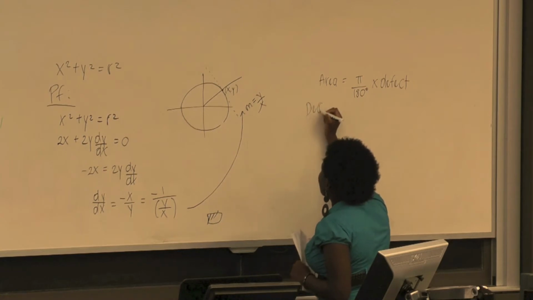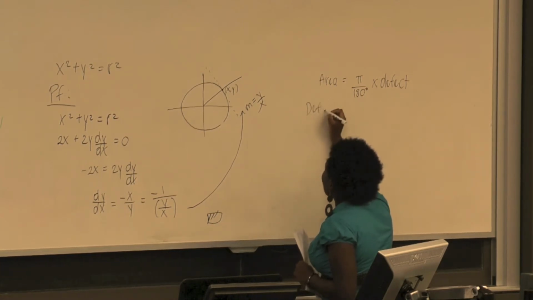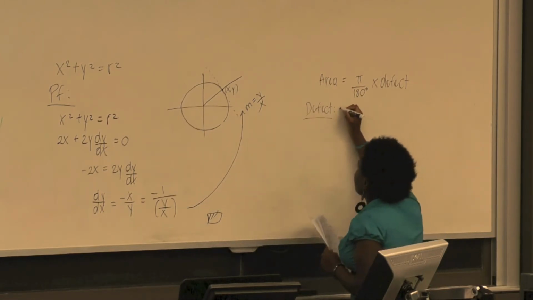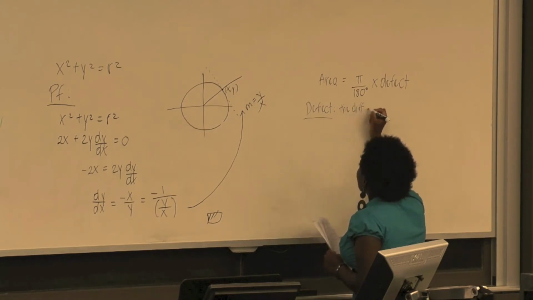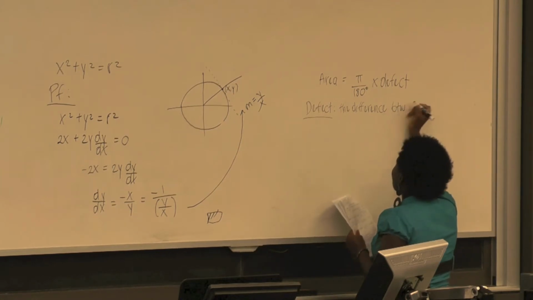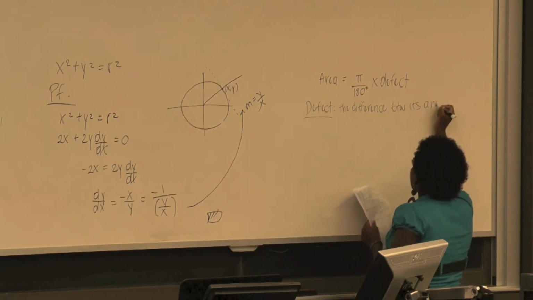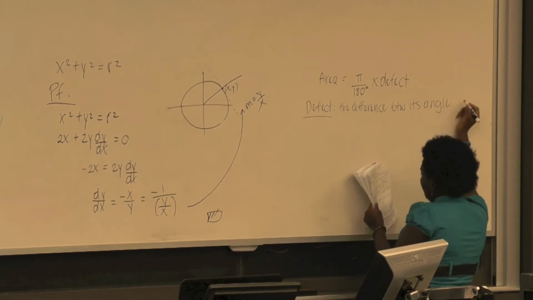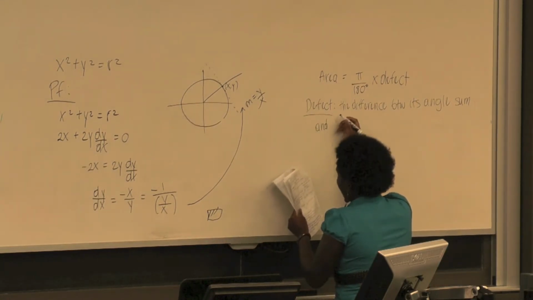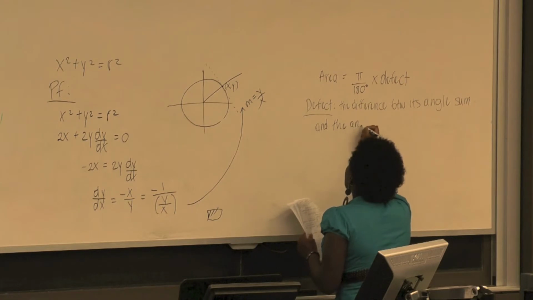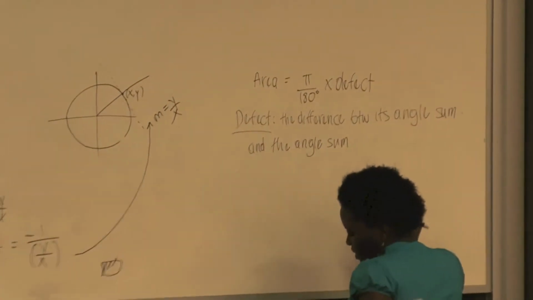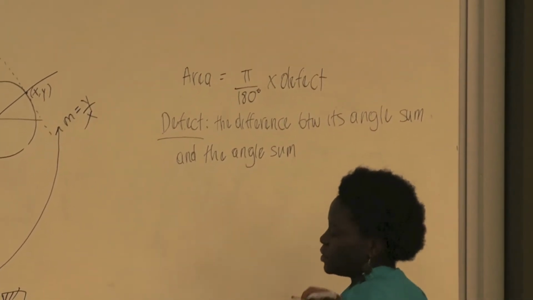So the defect of a polygon is the difference between its angle sum and the angle sum for a Euclidean polygon with the same number of sides.